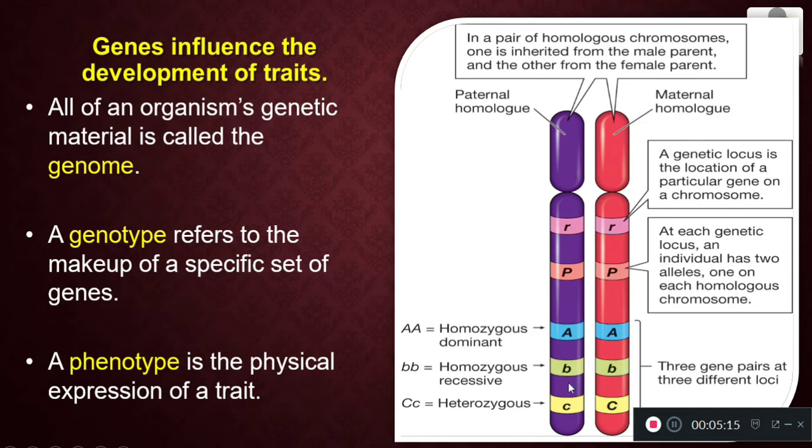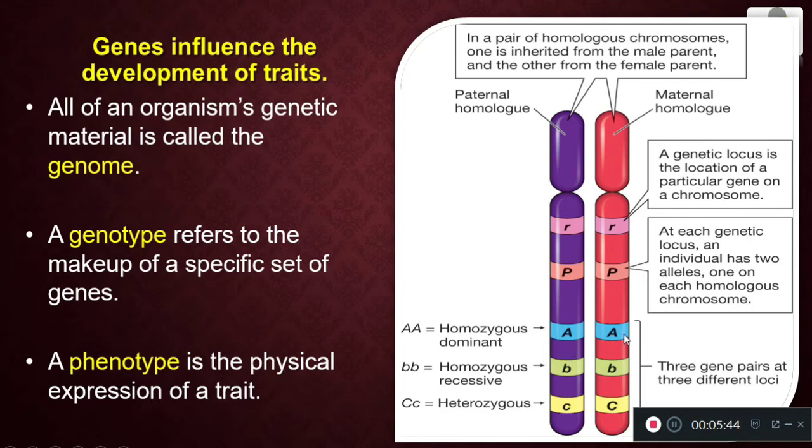Maybe you inherit two different alleles, like small c, capital C. This genetic makeup, this combination of alleles, makes your genotype, and this genotype is later expressed in a physical trait. The observable trait, we call a phenotype. It is the physical expression of a trait.